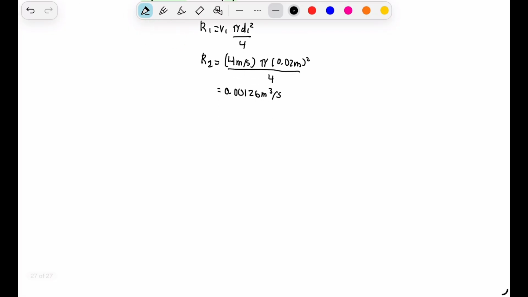And if it's meters cubed per second, we can also say R1 is 0.00126 m cubed per second times 60 seconds over 1 minute, and then you would get 0.0754 m cubed per minute.